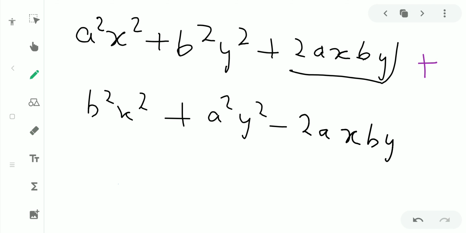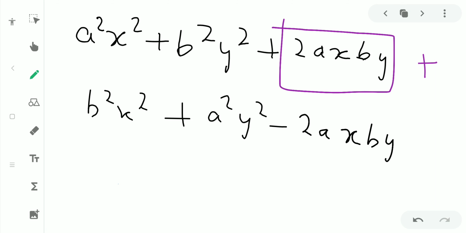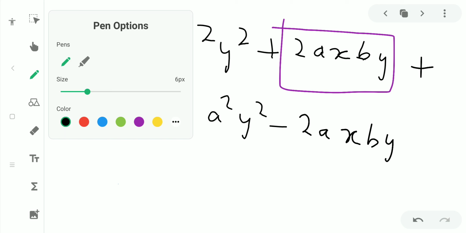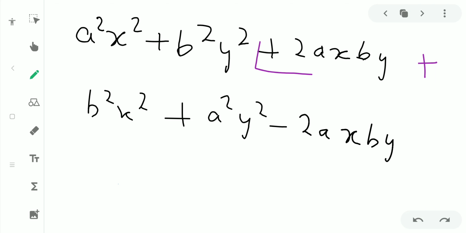you can carefully observe these terms. Plus 2 into ax by minus 2 into ax by.